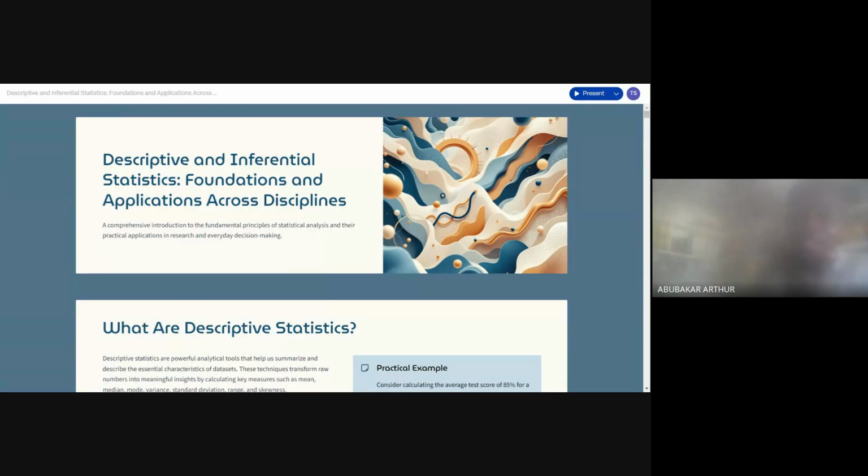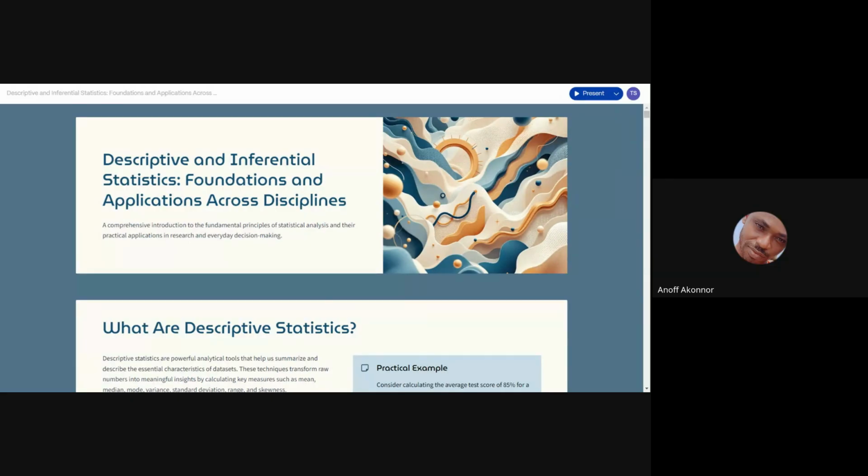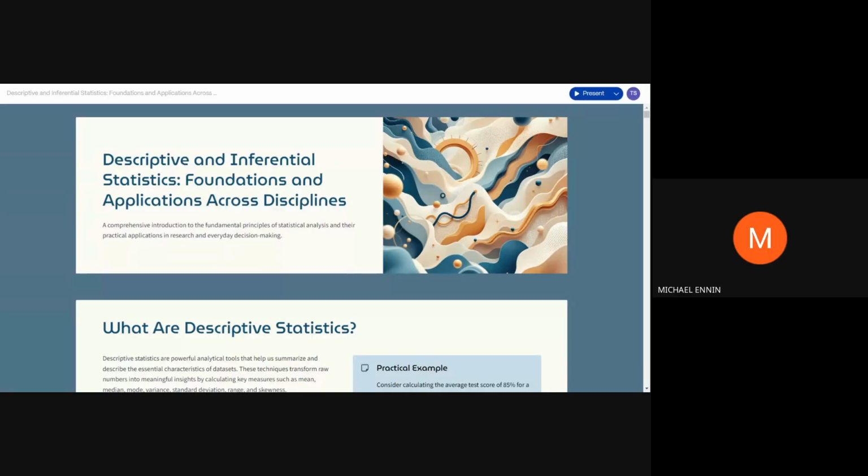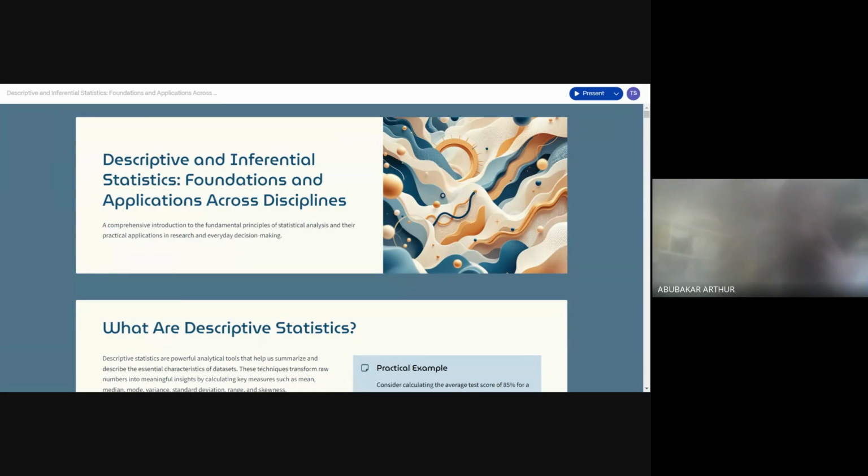Descriptive statistics is a method that we use to summarize and organize the data to make it more meaningful or understandable.